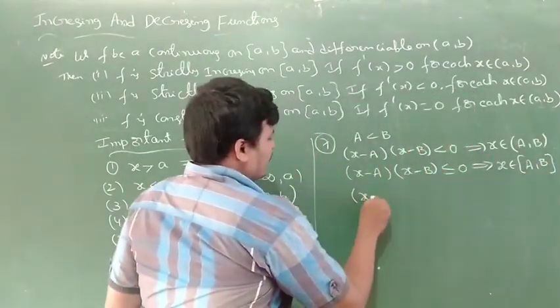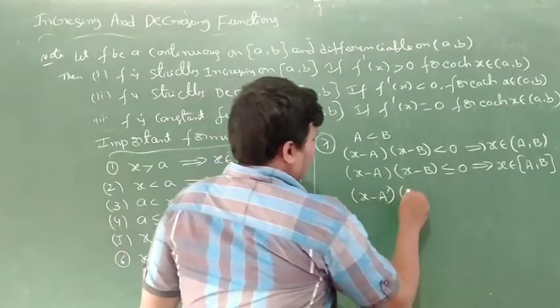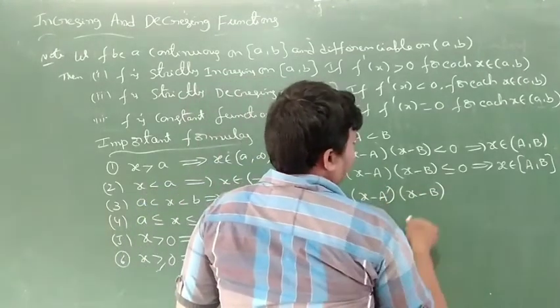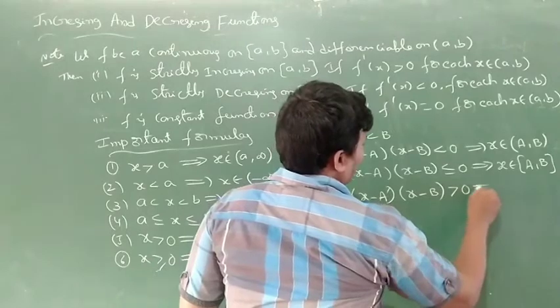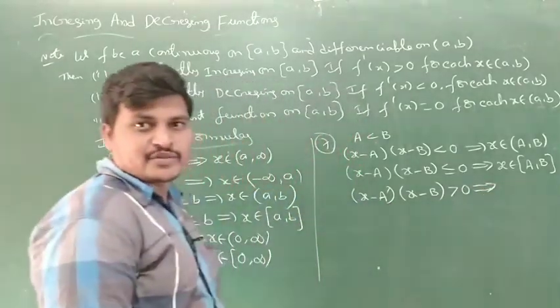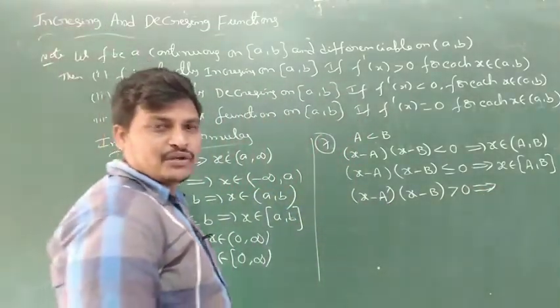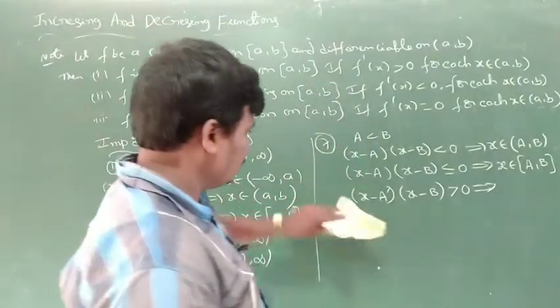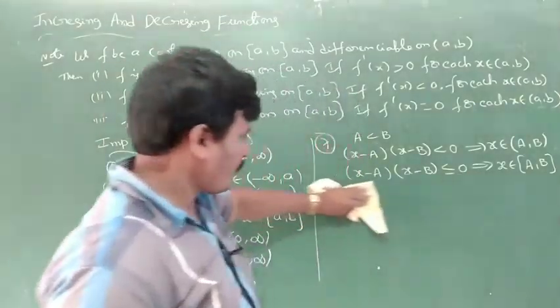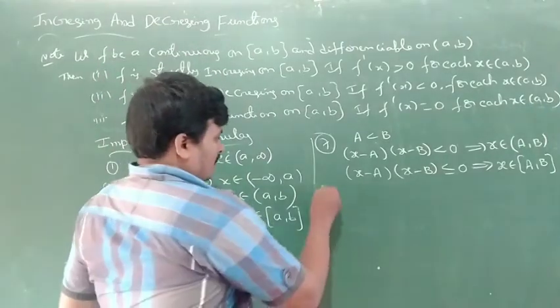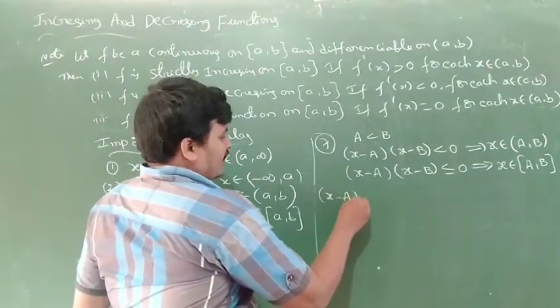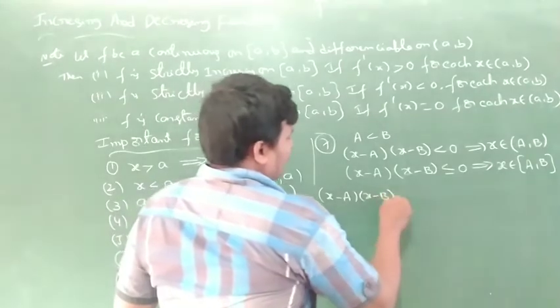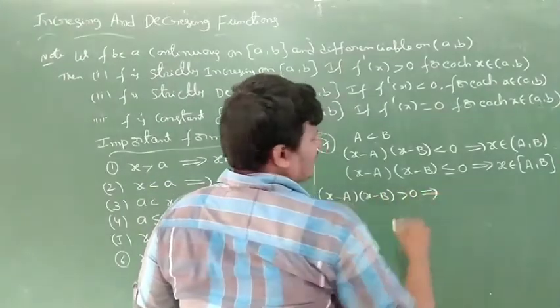So x minus a into x minus b is greater than 0 means what?